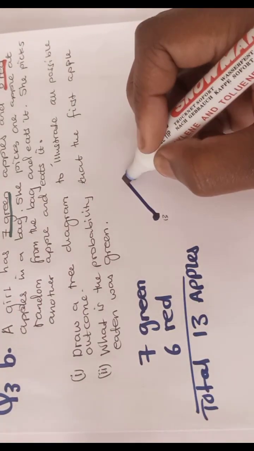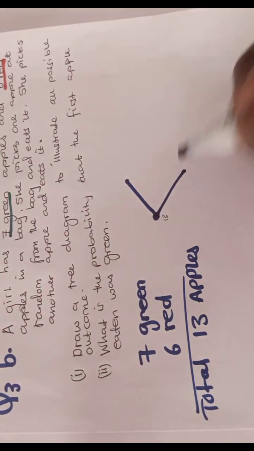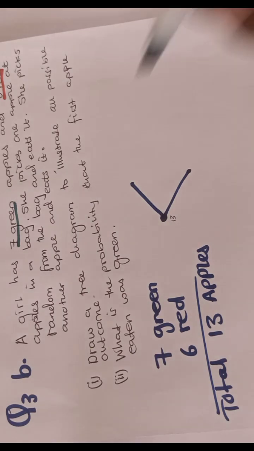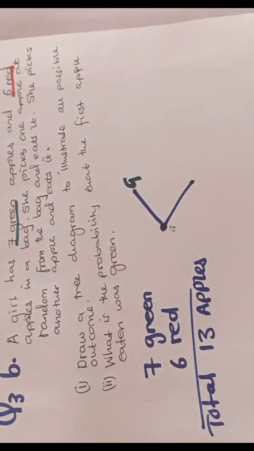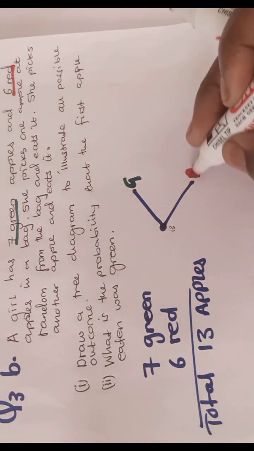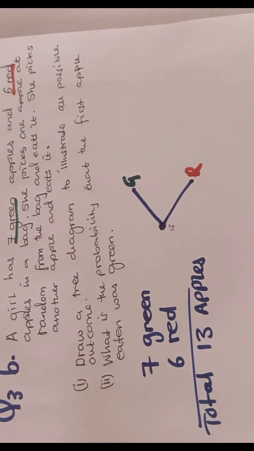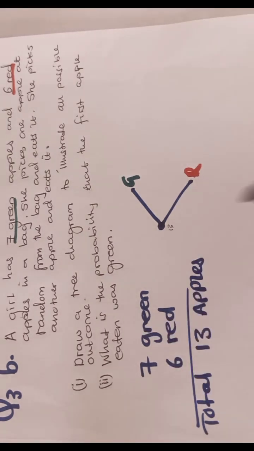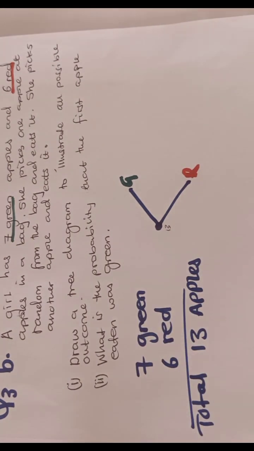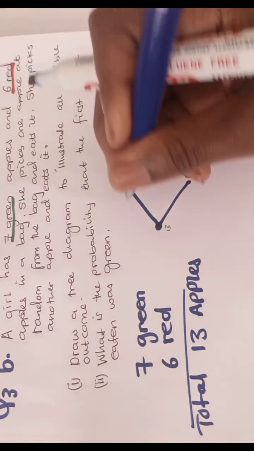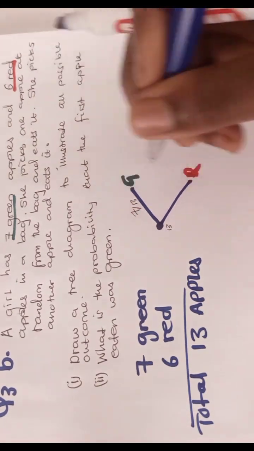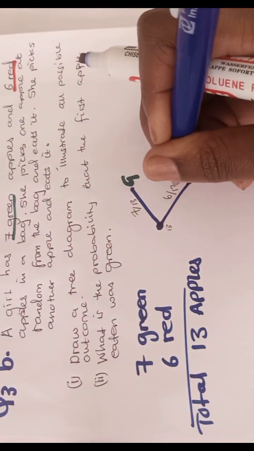And there's a probability that it may not be green or red. Alright, so if it's green and if it's red. Okay, so from the total that you have, probability that it's going to be green is 7 over 13, and then here it's 6 over 13.